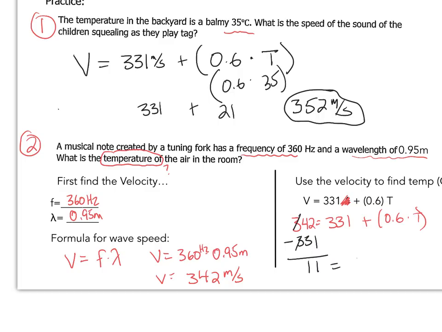So it's 11 equals 0.6 times t, and you finish by dividing both sides by 0.6. And I bet you're already doing it. 11 divided by 0.6, and the temperature comes out to be 18 degrees.